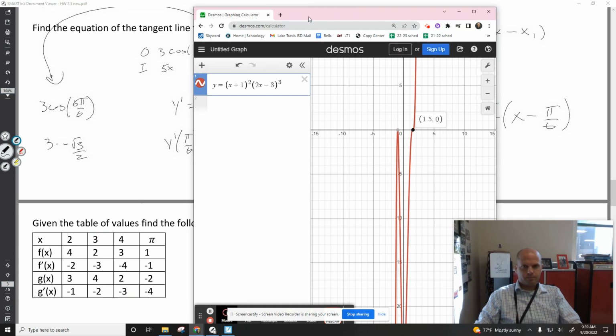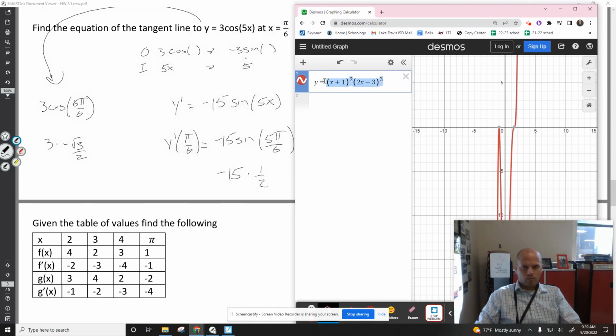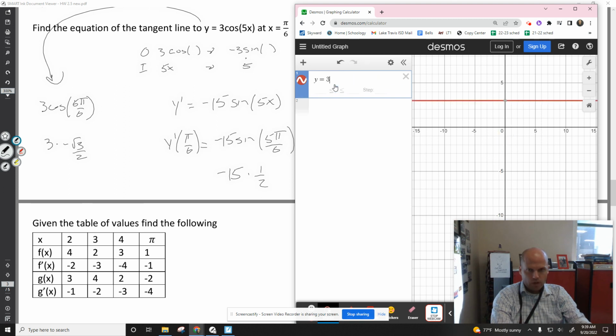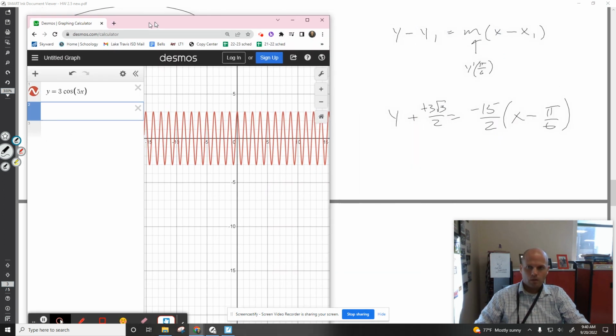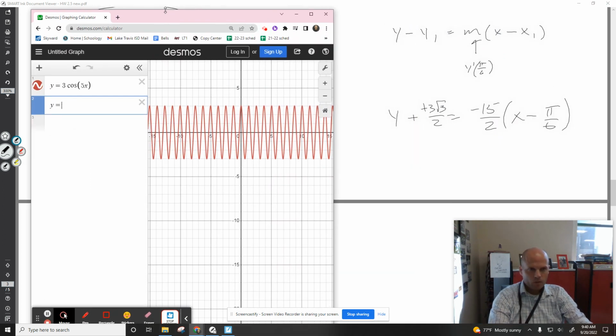I can do this quickly. 3 cos 5x is going to go up and down very quickly. Going to just subtract the 3√3/2 minus 15 halves, x minus pi over 6, minus 3√3 over 2.